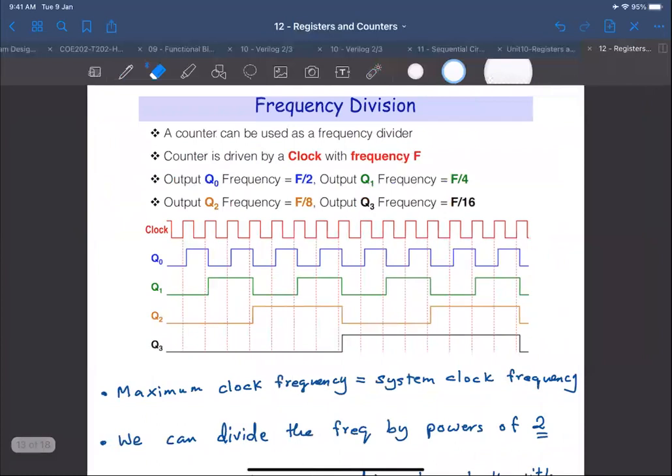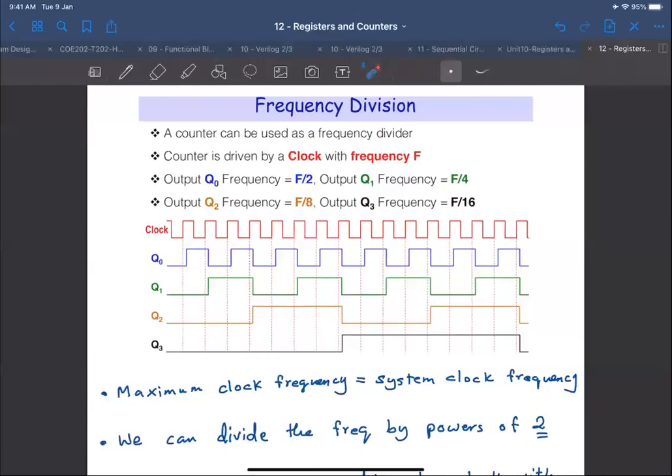Let's move on to another topic. We would like to use the counters for deriving another frequency. Basically, what we are trying to do is to divide our clock frequency. Let's suppose that the clock frequency is too fast for our purposes.